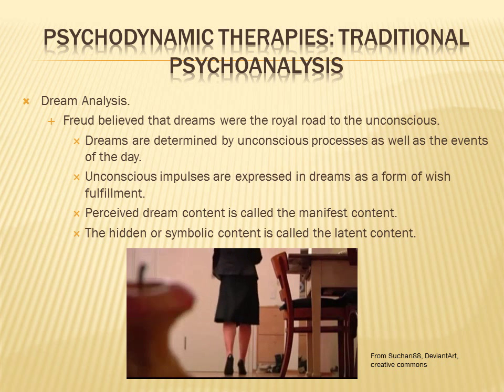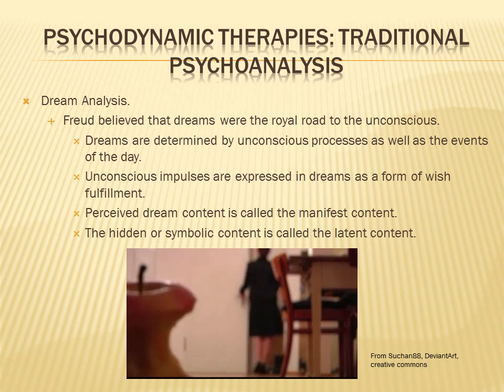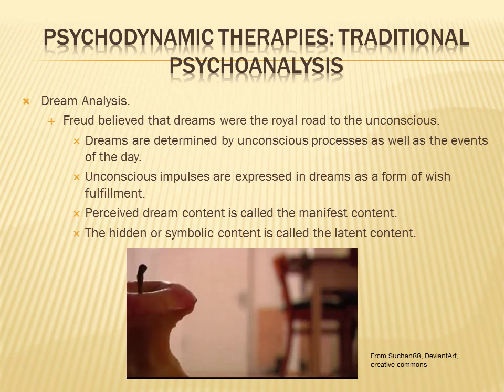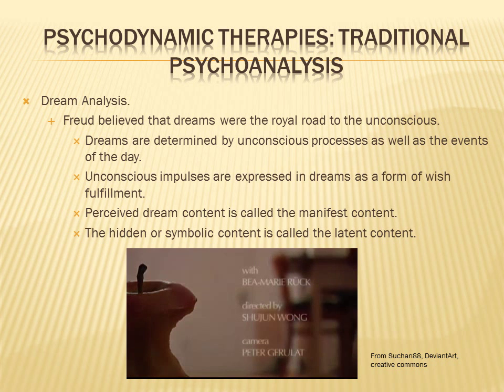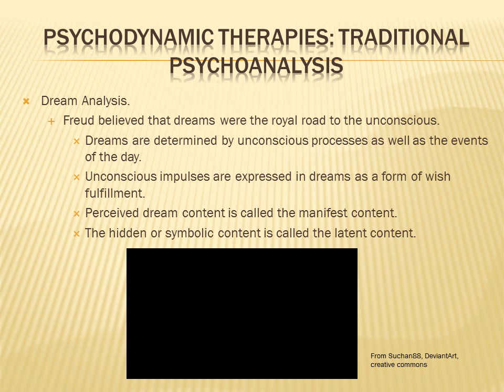So, if you look at this, think about the manifest content and the latent content. The manifest content would be actually what you saw in the dream, and what would be the screenplay of the dream. When you talk about the latent content, you might think of here the symbolic content that, for some reason or another, this woman seemed to be running away from herself, or running away from her desires of taking the apple, or punishing herself for desires for eating the apple or something like that.